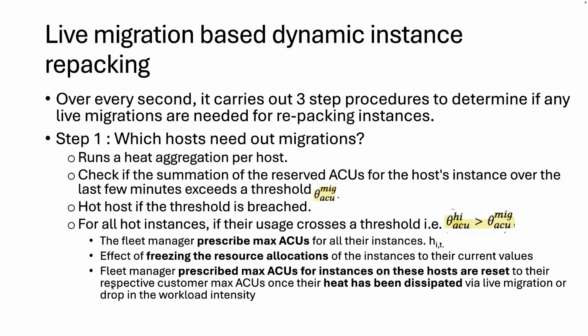Another thing it does is, for all the hot instances identified, if the usage is above a threshold, then the fleet manager prescribes max ACUs for all their instances, which is this HIT, which we have seen in this picture.